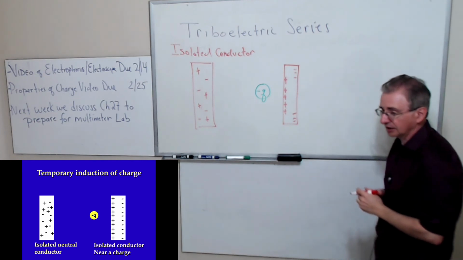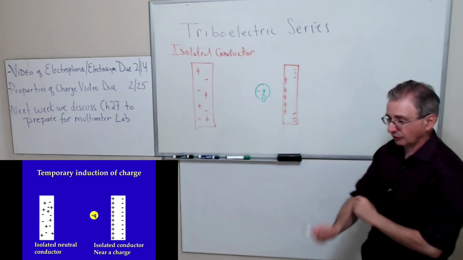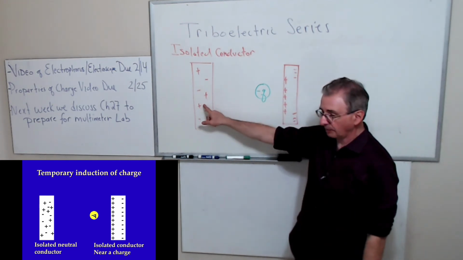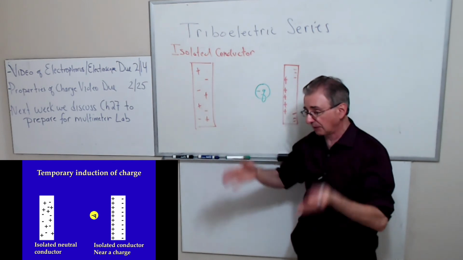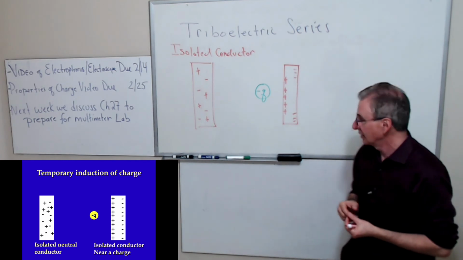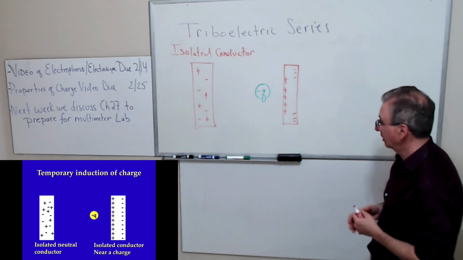And what I've done is temporarily induce charge on both surfaces. Of course, if I remove this, then the charge will rearrange itself so you go back to this configuration. And it'll probably happen within 10 to the minus 16 seconds. That's the estimated time. Of course, we don't have a way to measure that. At least not now.